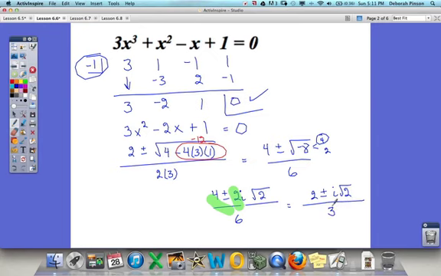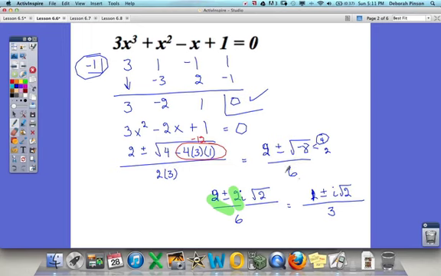Two-thirds and 1/3. Okay, so 1 there. Alright, so lots of little mistakes that I made in there.